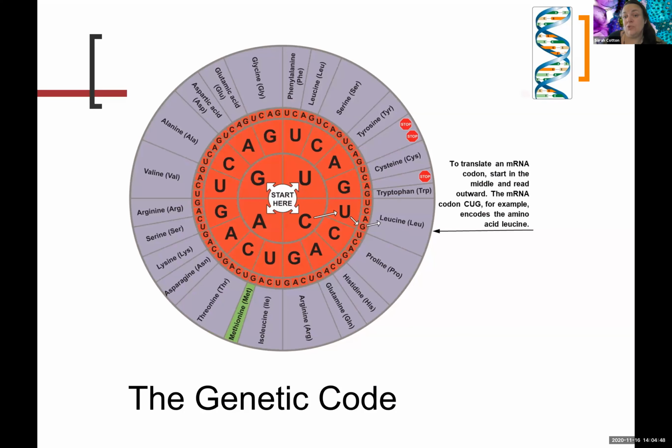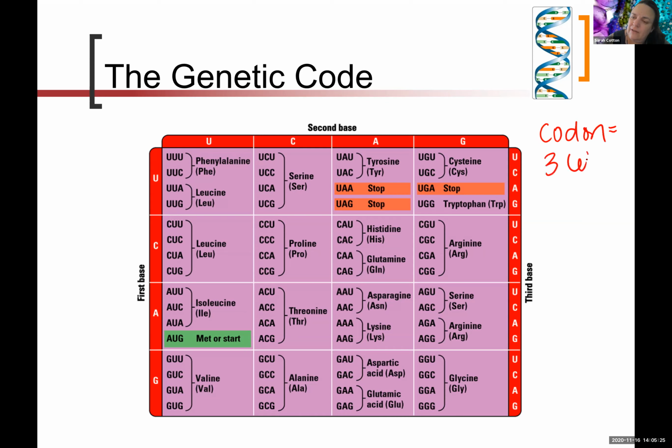A codon is a three-letter word in RNA that translates to a specific amino acid. Oh, snap. What's an amino acid?